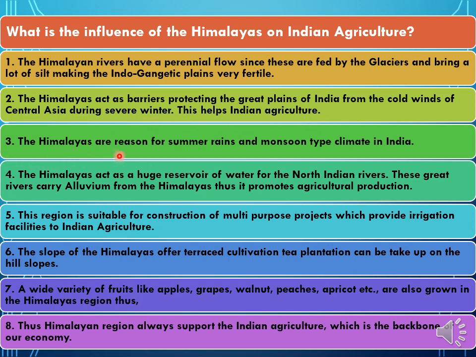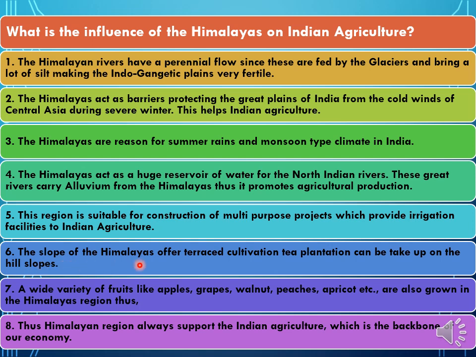The Himalayas are the reason for summer rains and monsoon type of climate in India. The Himalayas act as a huge reservoir of water for the North Indian rivers. These great rivers carry alluvium from the Himalayas, thus it promotes agricultural production. This region is suitable for construction of multi-purpose projects which provide irrigation facilities to Indian agriculture.